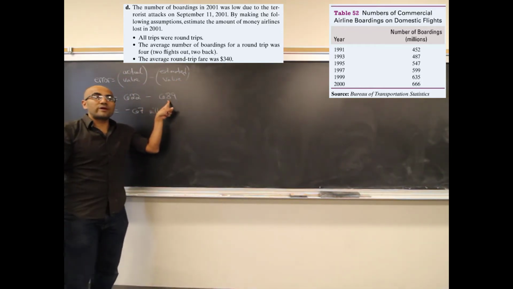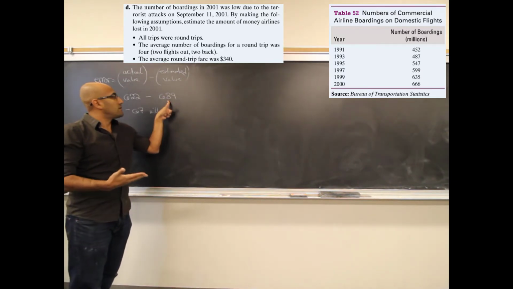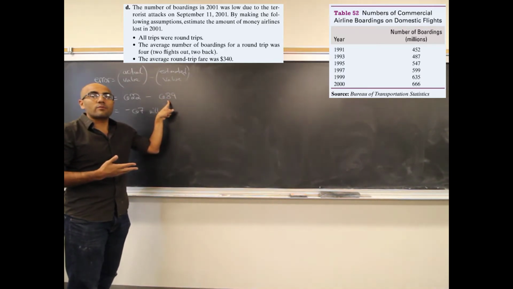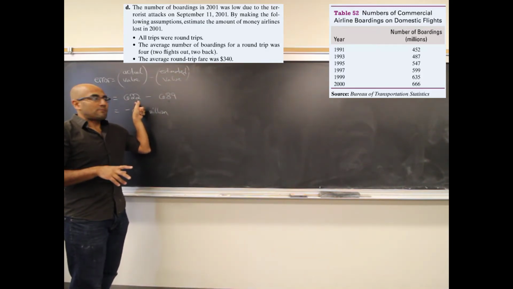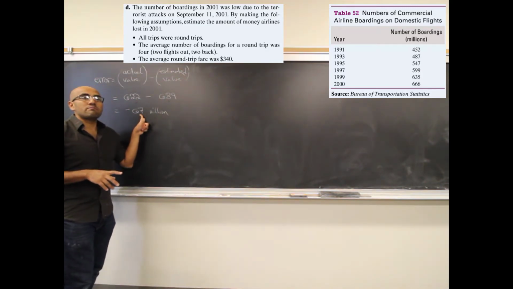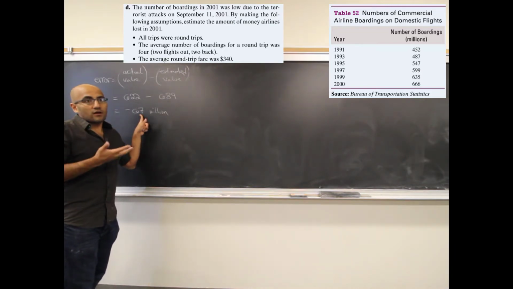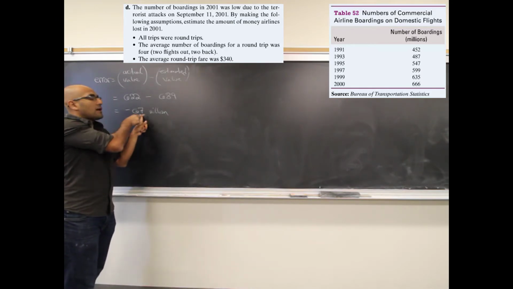This is the number of boardings we expected. This is how much we actually got, meaning that we were 67 million boardings short of what we estimated that year. So if we want to calculate about how much money they lost, this is the number we want to focus on, right? 67.